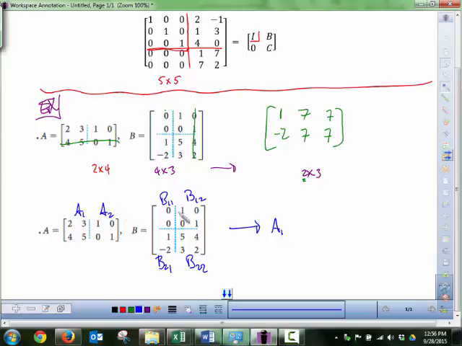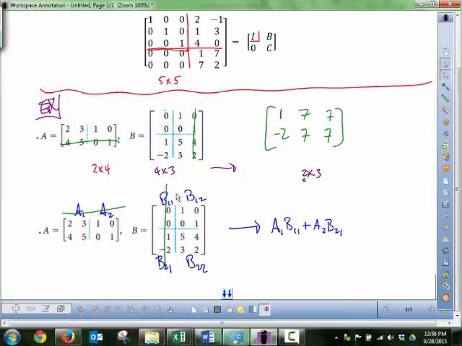So this is A1 times B11 plus A2 times B21, right? It's like taking this row and multiplying by this column. Then we'll do the same thing with taking that row and multiplying by the second column. And that would be another column.